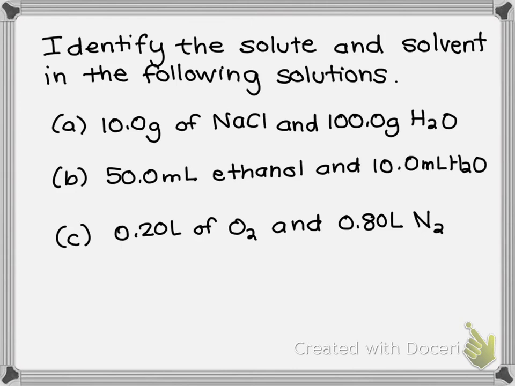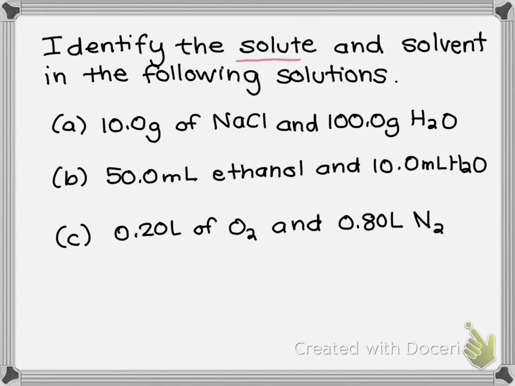I recommend that you pause here and then try to answer the questions before I do. So this question says, identify the solute and the solvent in the following solutions. So of course I would know if it's a solid and a liquid, then the solute is always the solid and the solvent is always the liquid.